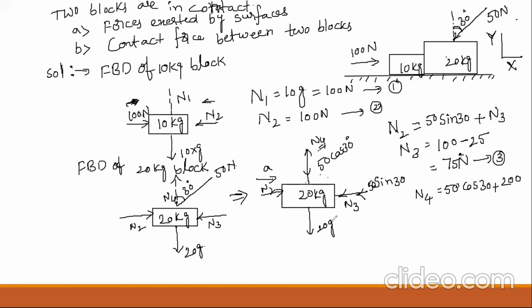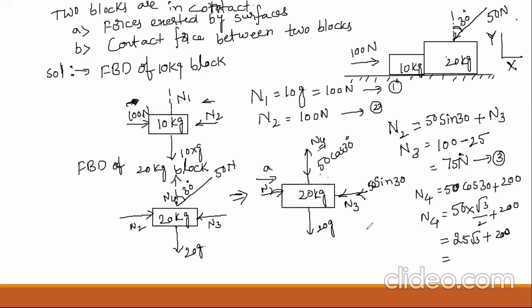Why? Because 20 G acting, 20 into 10, 200. So N4 is equal to 50 into cos 30 plus 200. Cos 30 is root 3 by 2 plus 200. So what do we get? 25 root 3 plus 200.